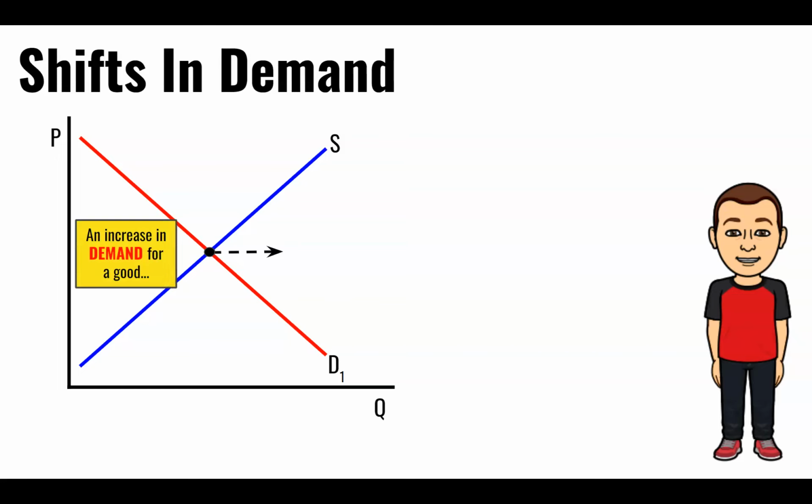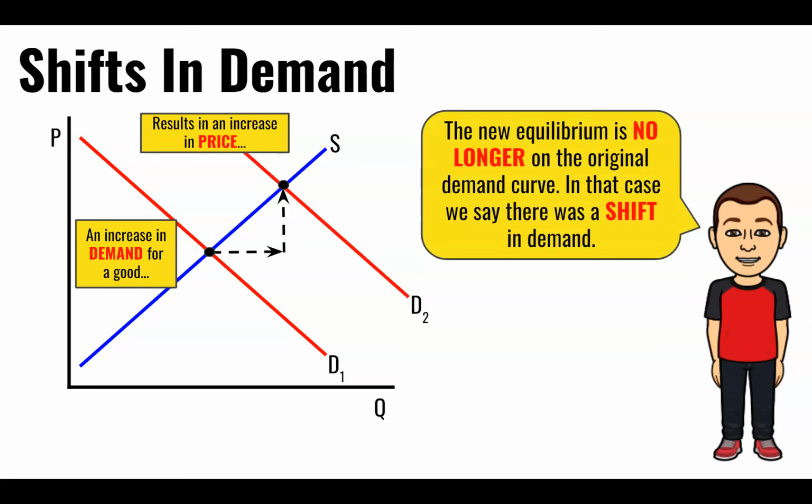And as a result of that, wanting to buy more goods, that generally causes the price of goods to go up. That puts a new equilibrium point now along the existing supply curve. The only way to get to that new equilibrium point is to shift the demand curve, in this case, to the right. So there is no longer equilibrium at the original demand curve. There's a new equilibrium caused by a change in the demand curve, a shift, and that is a shift in demand caused by a change in one of the determinants.